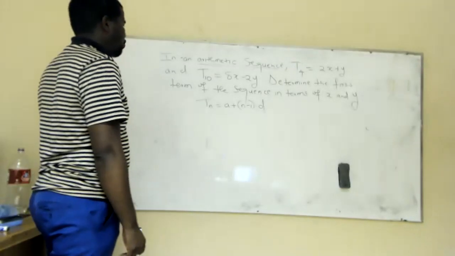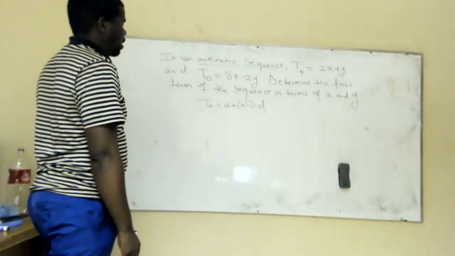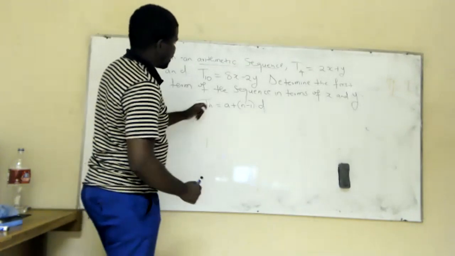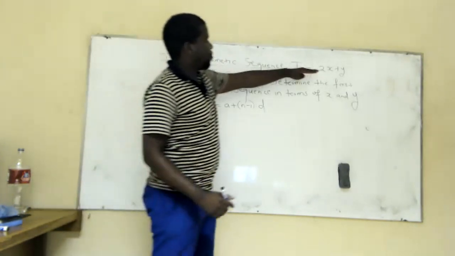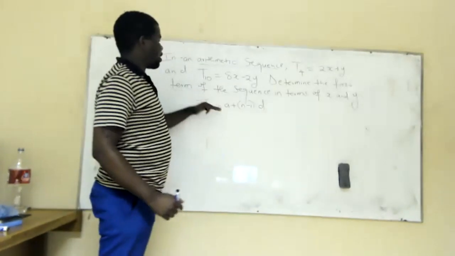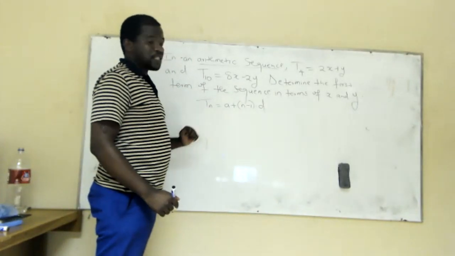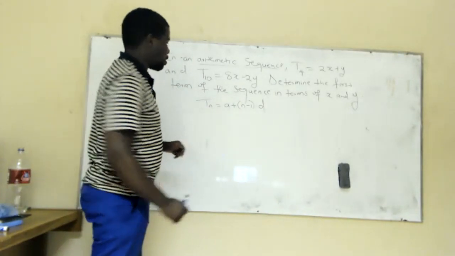You can use this to determine the first term. Let's substitute term number 4 and term number 10 into this formula so that we generate a system of linear equations.